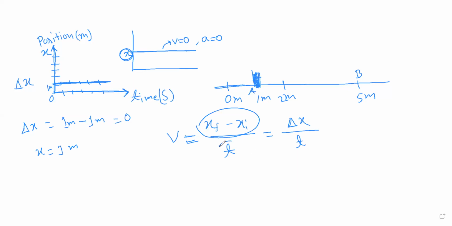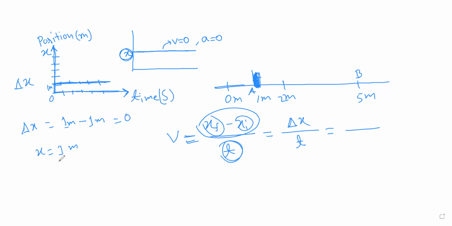This time is the change in time, meaning how much time it takes. So in this scenario, whatever time we put below, like 1 second, 2 seconds, 3 seconds, in all scenarios we can see our initial position and final position are the same. That's why v equals 0 here.